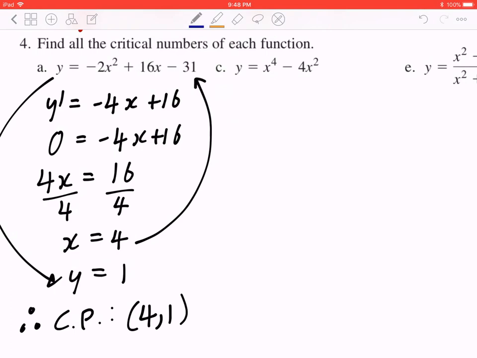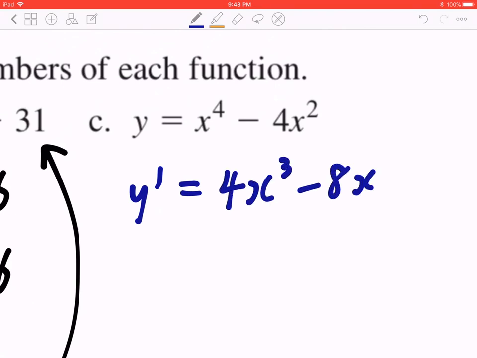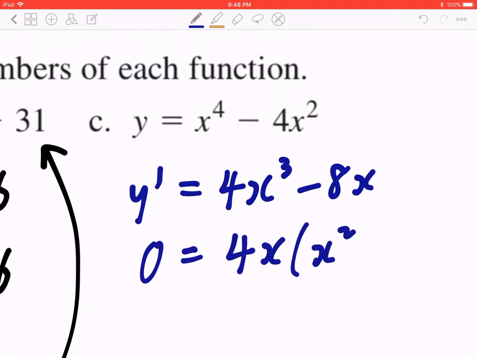Let's keep going. For part C, the function is going to be x to the 4 minus 4x squared. In this case, when you find the derivative and set it to 0, y prime is going to be 4x cubed minus 8x. There's a common factor of 4x you can bring to the front. In the brackets, it's going to be x squared minus 2.